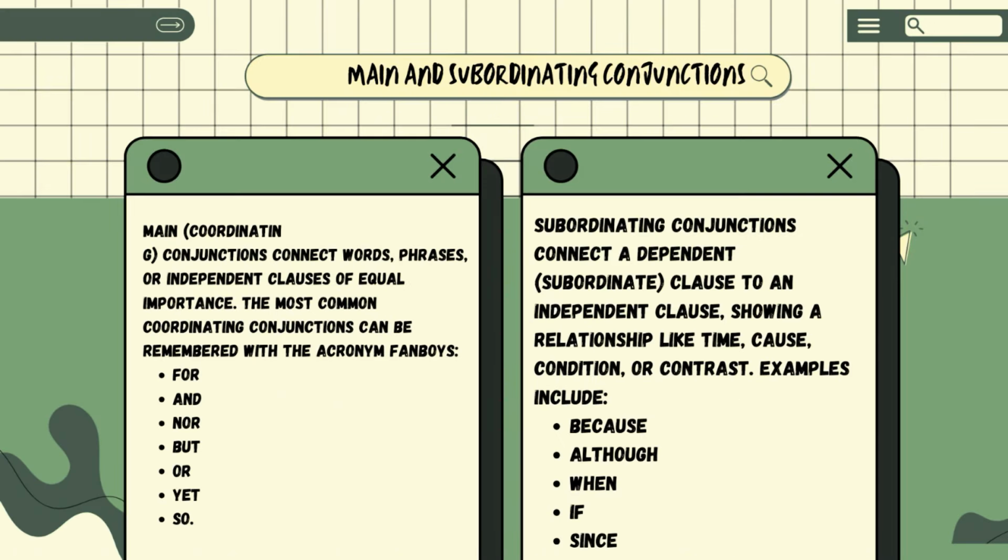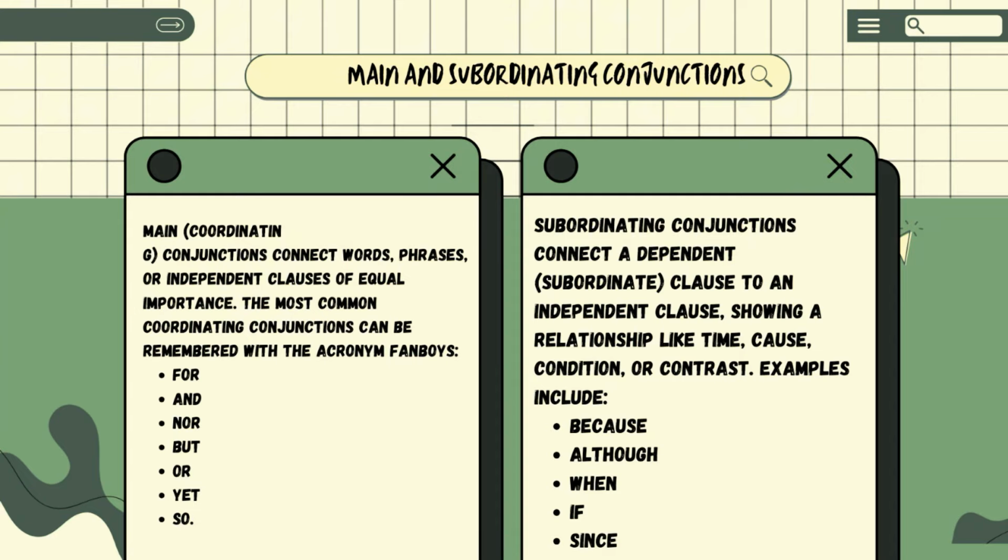Next, let us see the coordinating and subordinating conjunctions. Coordinating conjunctions connect words, phrases, or independent clauses of equal importance. The most common coordinating conjunctions can be remembered with the acronym FANBOYS.